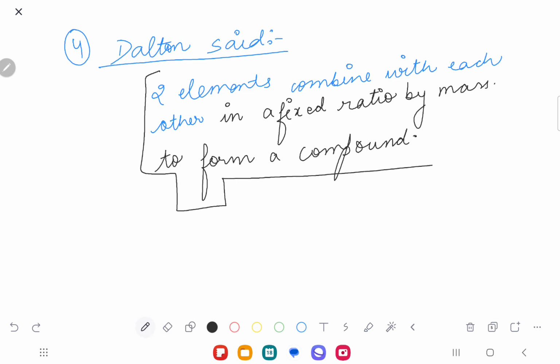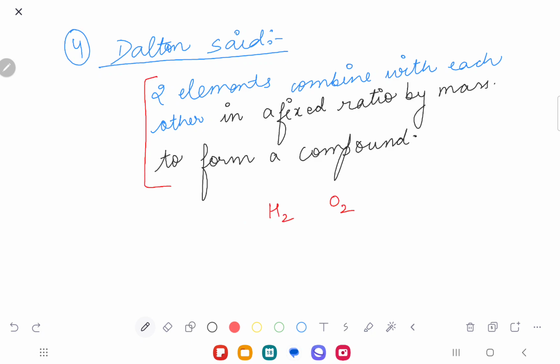It means that when we're talking about Dalton, he said that we have H2 and we have O2. H2 is an element, O2 is also an element. I hope you're understanding. But when they combine, they form water. H2O is the formula of water.